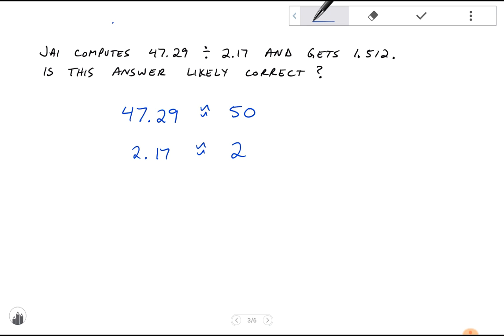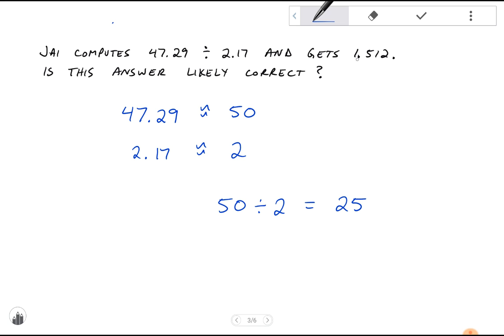So in all of these examples, we've simply rounded to one significant figure, and that is usually the simplest case. So here we have to take 47.29 divided by 2.17. So for our estimate, that means we take 50 and divide that by 2. Well, that's a simple mental calculation. That gives us 25.